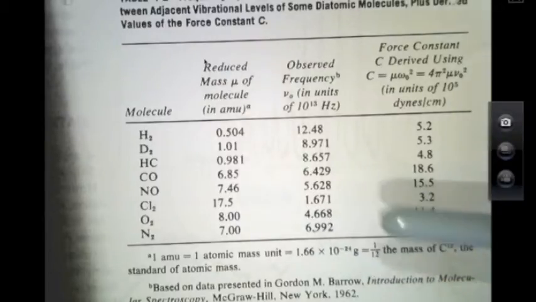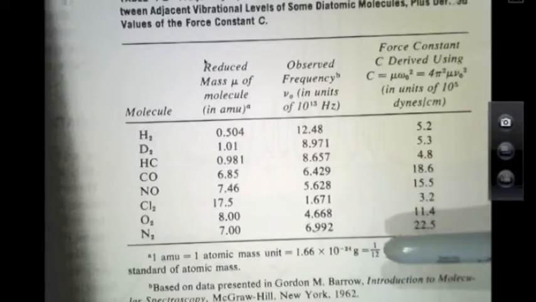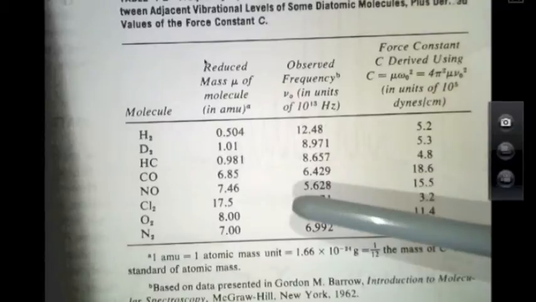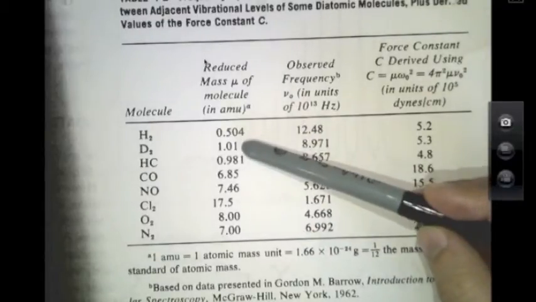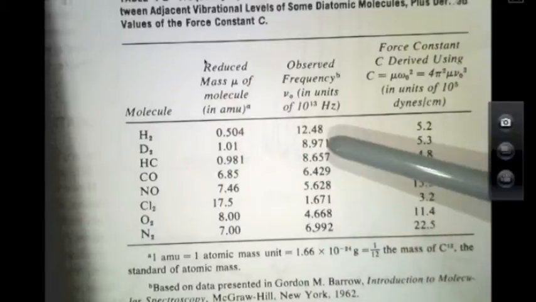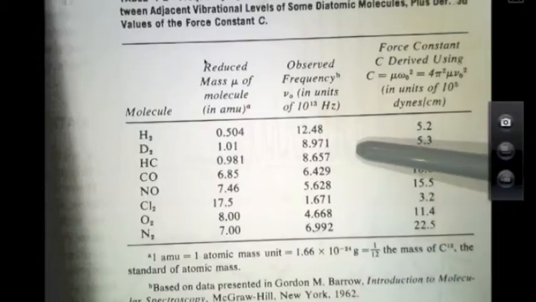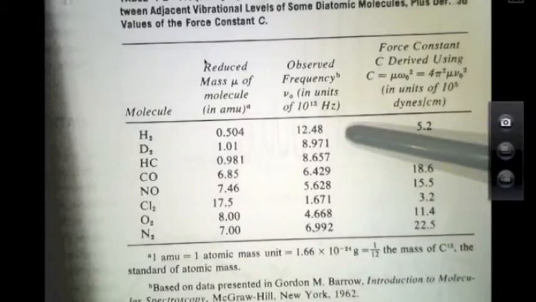But if they have literally 2 masses at the opposite ends of a spring, then what's there is the reduced mass, where the system behaves like a single particle with a reduced mass. So here the reduced mass is twice as large for D2 as it is for H2. And notice what happens to the frequencies here.